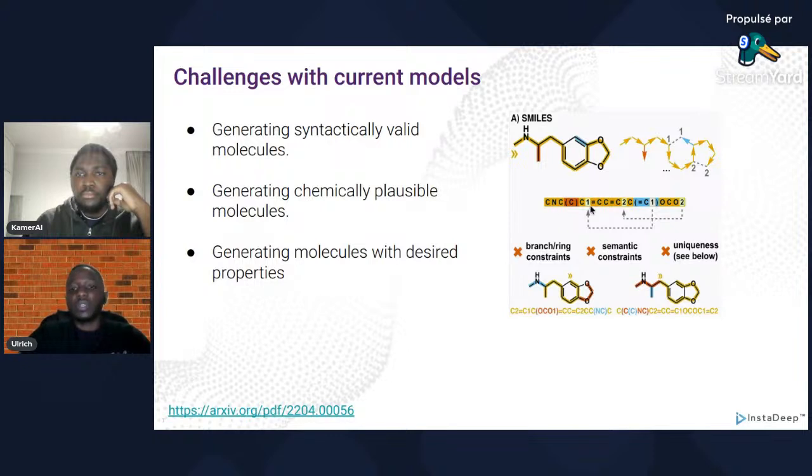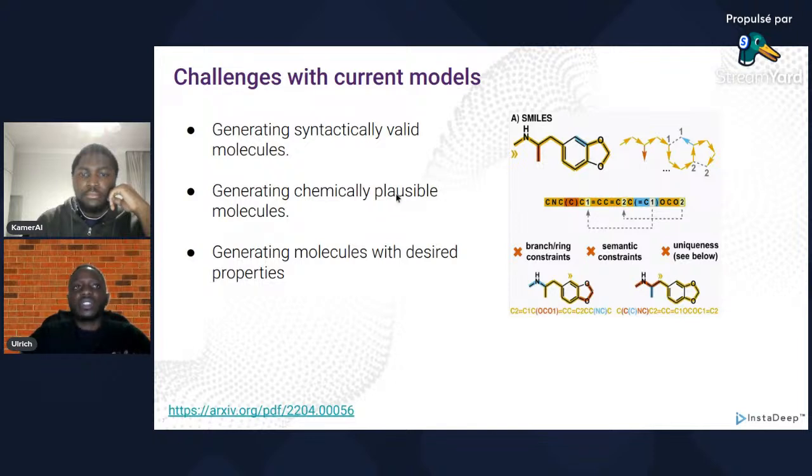Because if you generate a molecule that has an open ring, you have a 1 at some point, and you don't have a corresponding closing ring at another point, that molecule will not be syntactically valid. So that's the first challenge. And the second challenge is, once you start generating syntactically valid molecules, you also need to generate molecules that are actually chemically plausible. Because a syntactically valid molecule is just one that follows the syntax of your tokenization and from which you can generate a graph representation of the molecule.